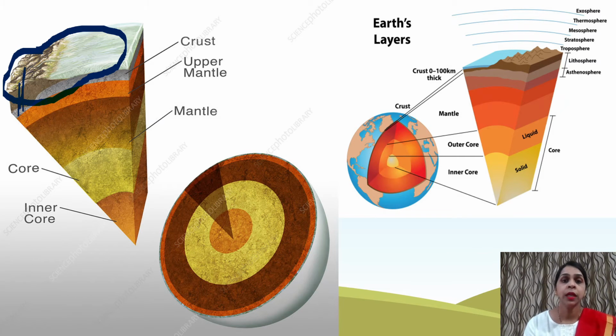There are two types of crust: oceanic crust and continental crust.